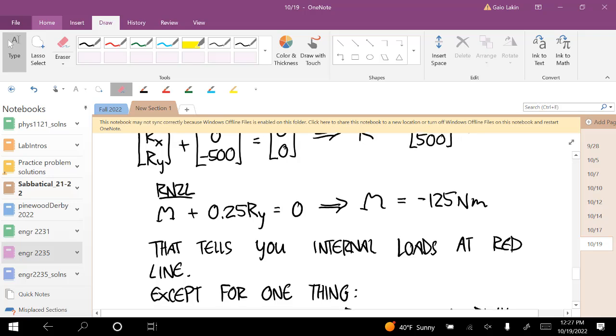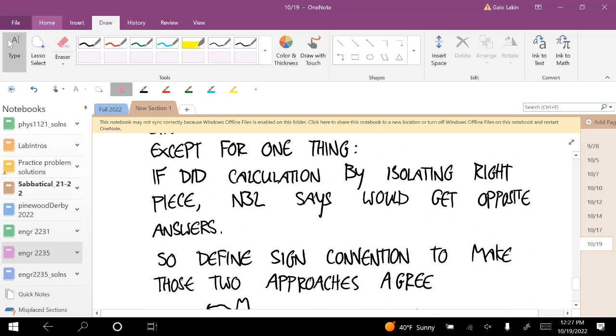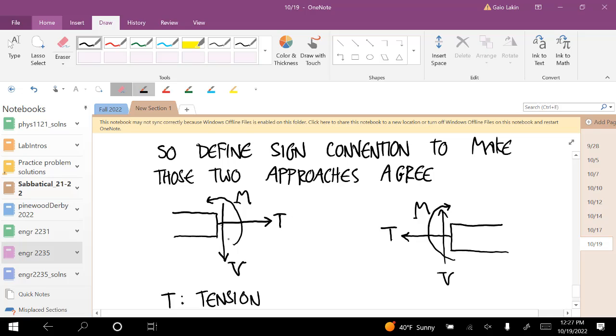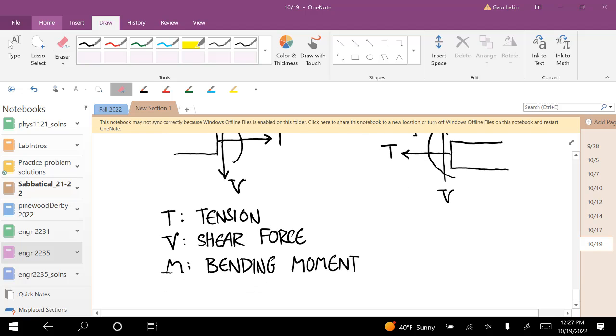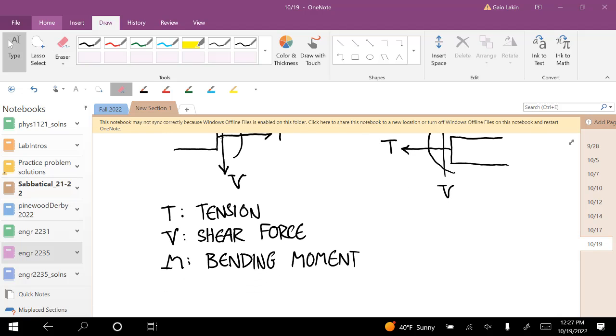But because of the indeterminate thing with the signs, we also define a new sign convention that's a little bit haywire with the downward shear force, and that hides the fact that all it is is a fixed joint. The shear force is called a shear force because that's the kind of force that scissors would be applying if you're cutting something.